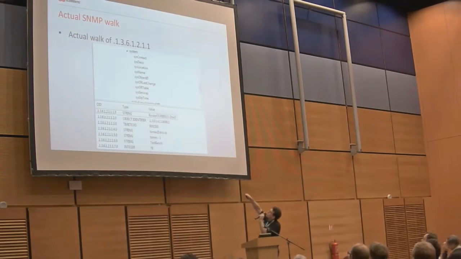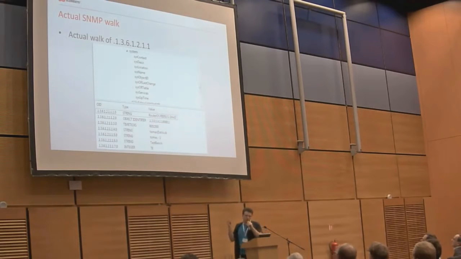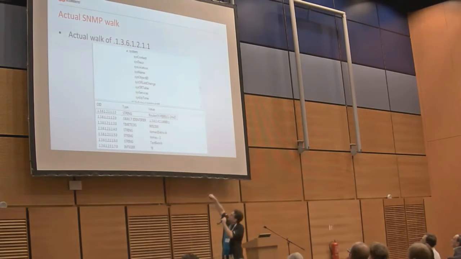You can see here system location, this is this one, so it's on my test bench, system name, this is this one, system contact, this is this one, etc. So what you can see here is simply a walk of this OID, and I have the MIB, so I can see all the information, and this down here is the result of the walk giving me the actual data or information about the device.